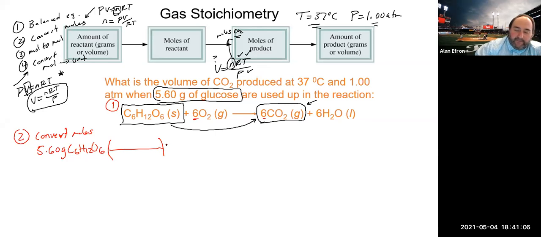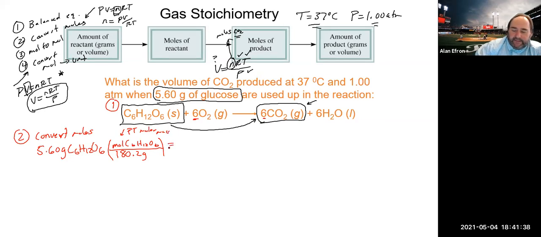That is 6 carbons at 12.01 each, plus 12 hydrogens at 1.008 each, and 6 oxygens at 16. That gives us a grand total of 180.2. Remember, we want the grams to go away, so 180.2 grams on the bottom, moles up on top here. So again, from the periodic table, the molar mass.